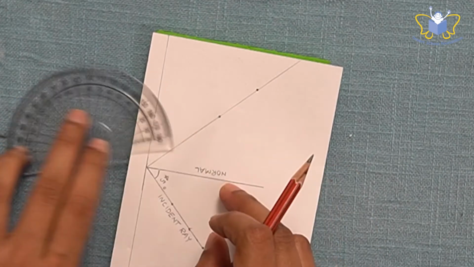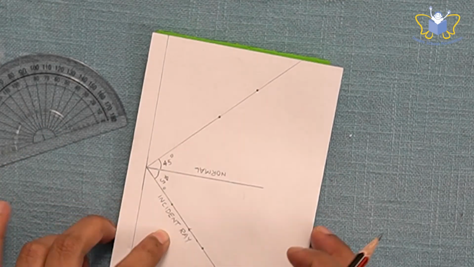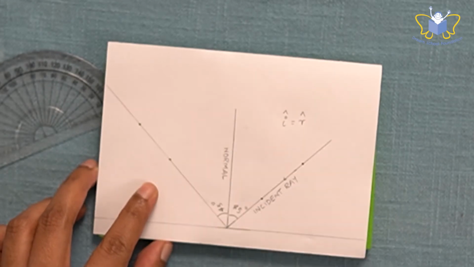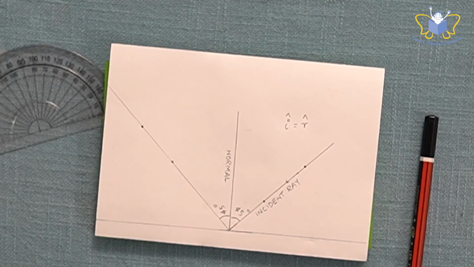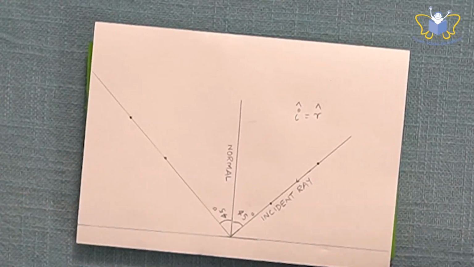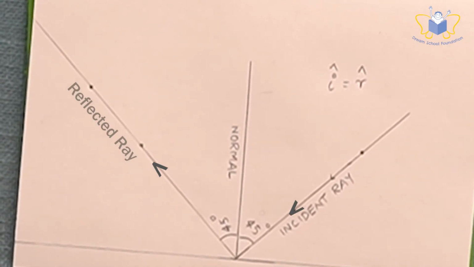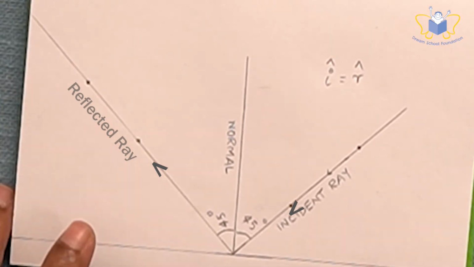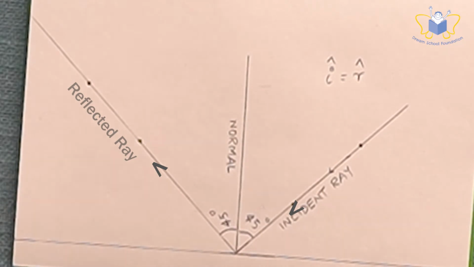Then you will be able to see that angle of incidence, which was 45, is exactly equal to the angle of reflection, which is also 45 degrees out here. You can try this activity with different angles and you would get the same result. Keep in mind that the angle of incidence and reflection are found with respect to the normal.